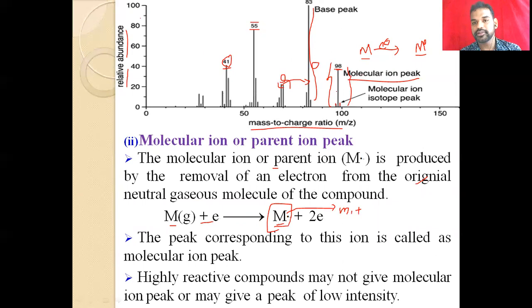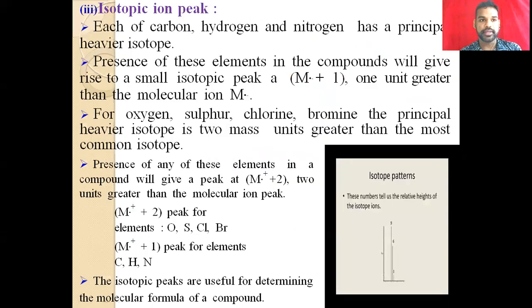That gives the idea about the compound having a small amount of isotopes. An isotope has a higher or lower molecular mass than the parent ion, the same atomic number but a different molecular mass. So from this we can expect small peaks nearer to the parent peak. This is what we call the isotopic peak here.